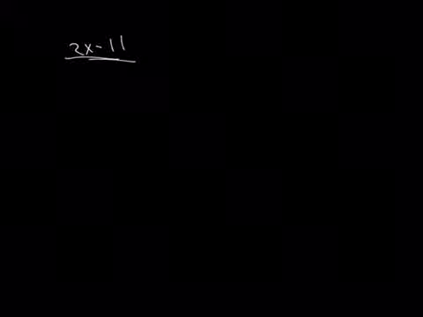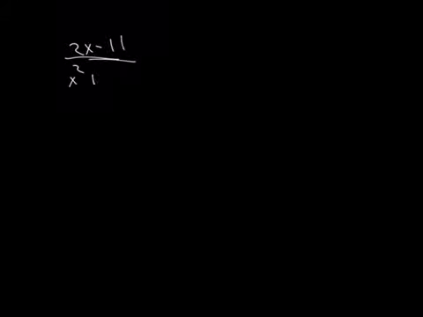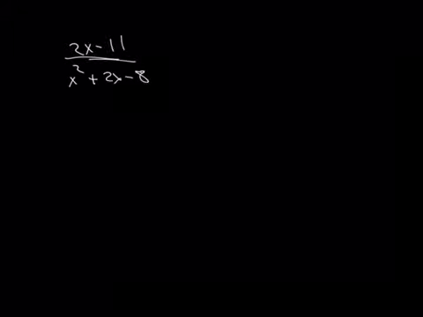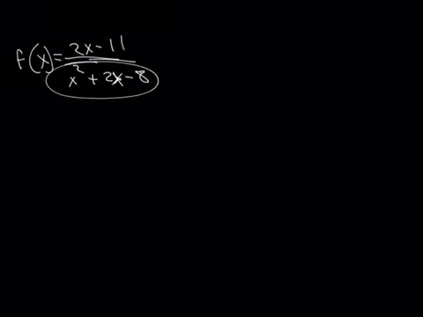Okay? So basically your vertical asymptotes, your little dotted lines that go up and down that we've been looking at, are the zeros of Q. If we have a denominator, say 2x minus 11 over x squared plus 2x minus 8, whatever makes our denominator 0 is our vertical asymptote.